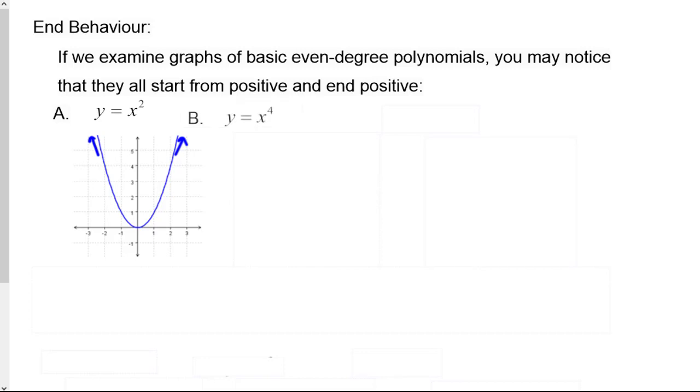Let's look at y equals x to the fourth power. It's not actually a whole lot different from y equals x squared. It still starts from the positive direction, ends in the positive direction, and the only big difference is it kind of just hangs around the x-axis a little bit longer at this 0.